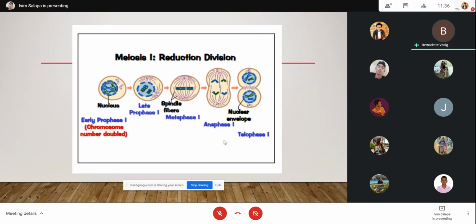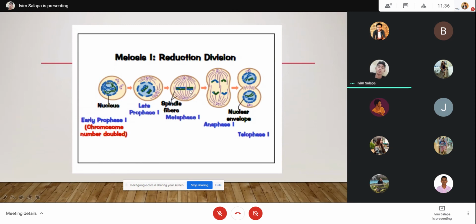In metaphase, the homologous chromosomes are aligned at the equatorial or metaphase plate. Then each spindle fiber is attached to the kinetochore.